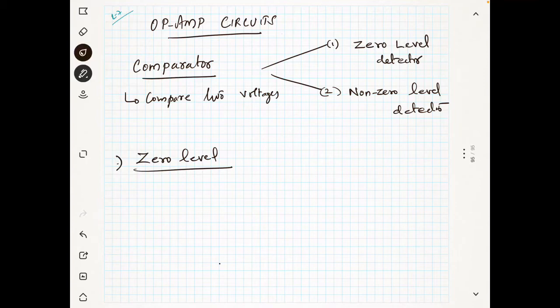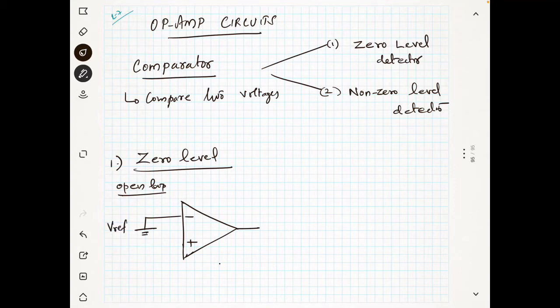The zero level detector is a simple circuit. We will be using the open loop configuration in all these kinds of detectors and comparators. This is minus and this is plus. Zero level means we put our reference voltage at 0 volt.